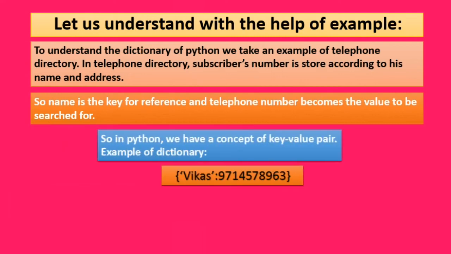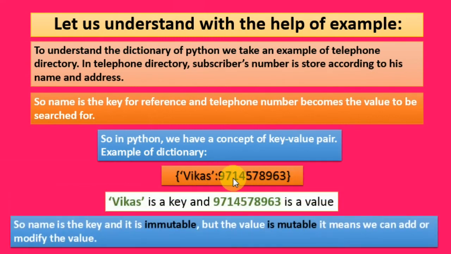If the person name is going to be Vikas, Vikas is a key and this phone number is the value. It means that the name Vikas is the key and it is immutable, means it is not going to be modified, but the phone number can be changed.